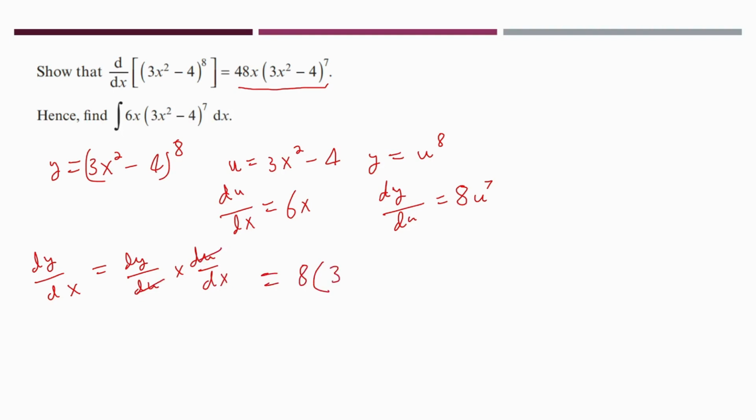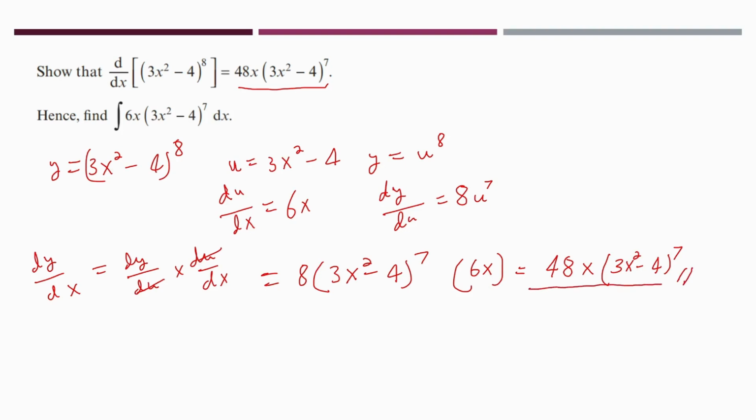We can just convert it back into the original form, (3x square minus 4) raised to the power of 7, and this multiplied by 6x. The answer you will get is 6 into 8, which is 48, x into (3x square minus 4) to the power of 7. Alright, so this is how you will complete the first part of this question.